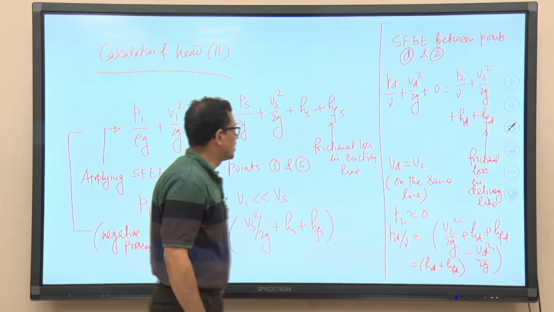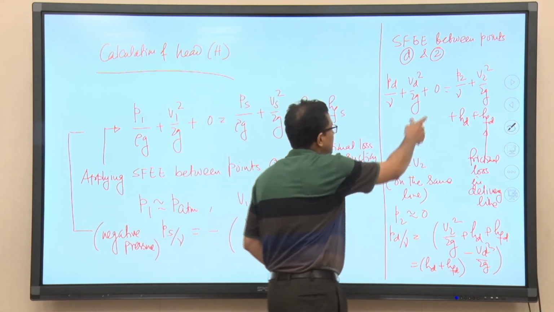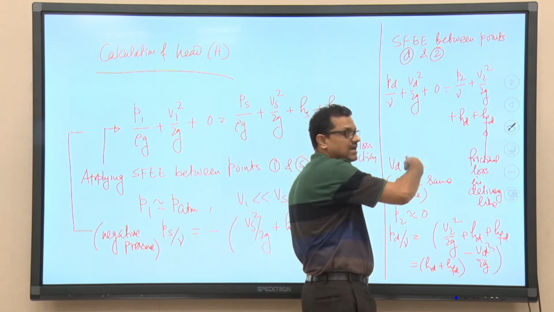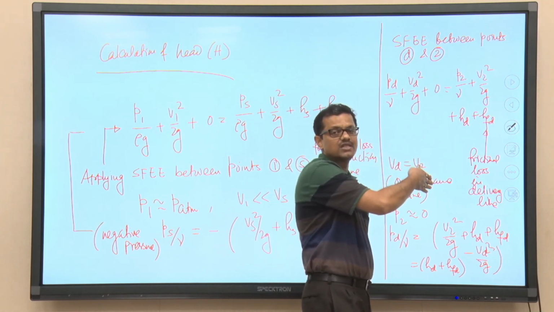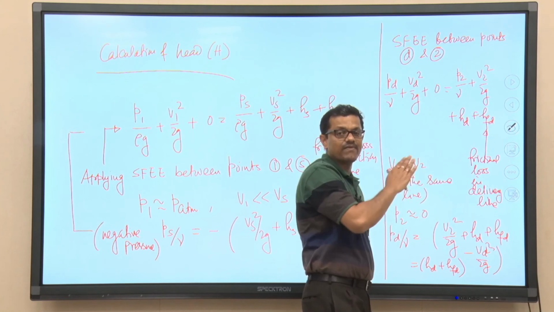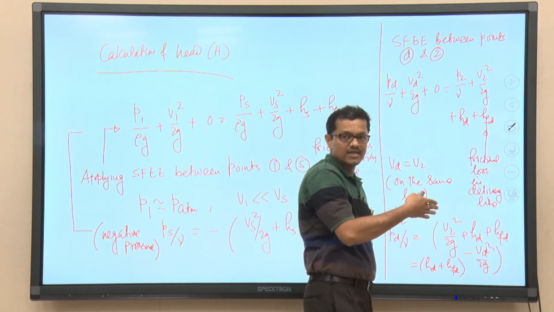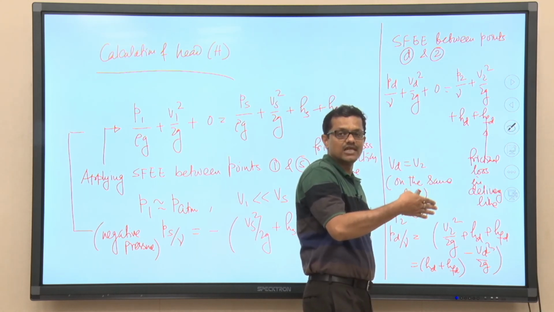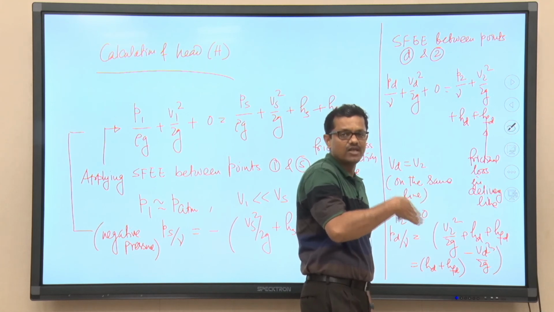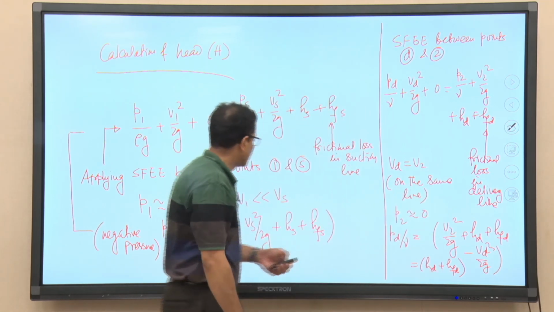Now, V d and V 2 in this equation are getting cancelled because those 2 points are on the same line, but still we are having a finite amount of V d and V 2, right. So, that dynamic head also will be taken into account while we are calculating the total head. Now, what will be the total head, or the head developed by the pump? Basically we can write the pressure rise.